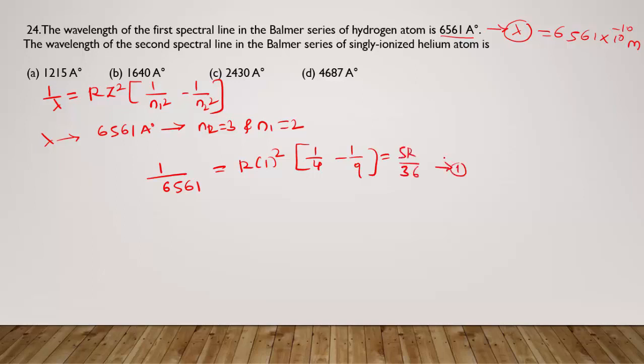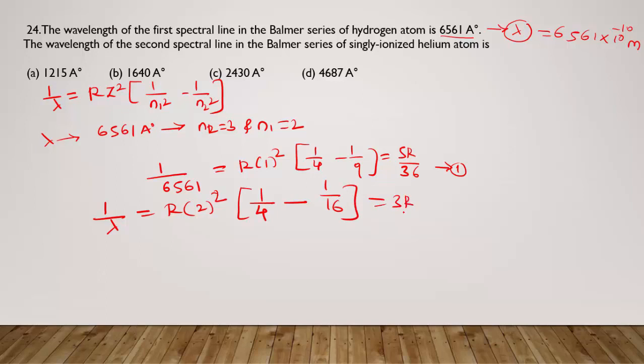This is equation number 1. For the second spectral line in the Balmer series of singly ionized helium atom, you get 1 by lambda is equal to R into 2 square for helium atom, into 1 divided by 4 minus 1 divided by 16.